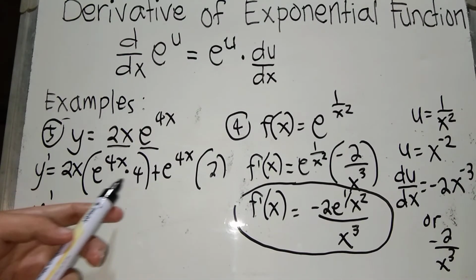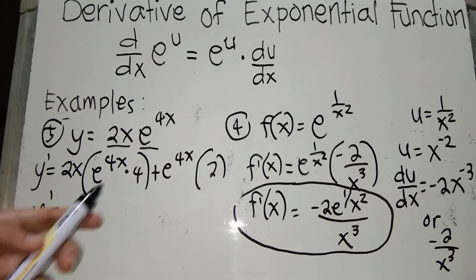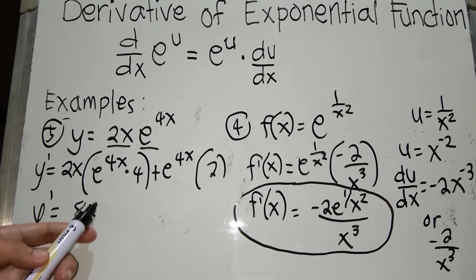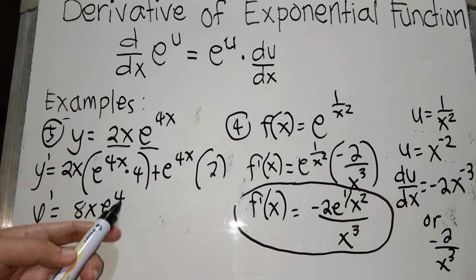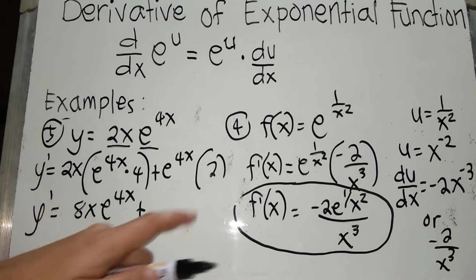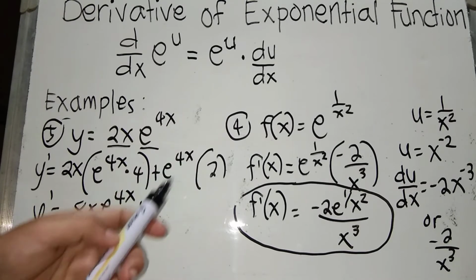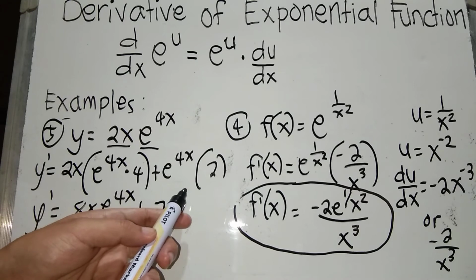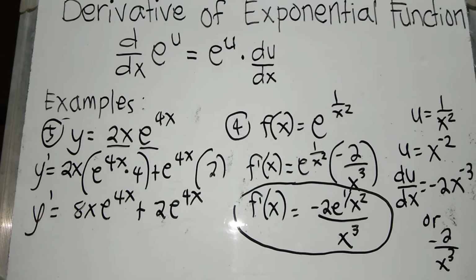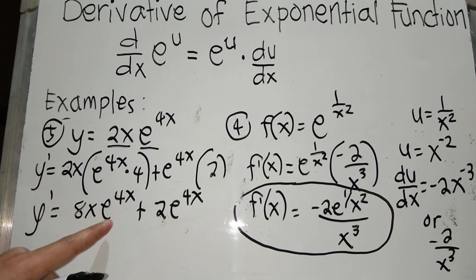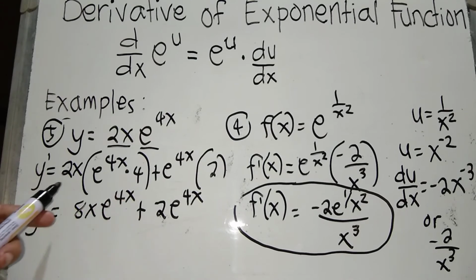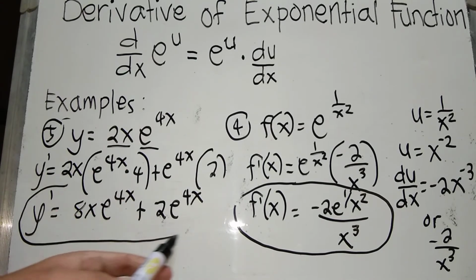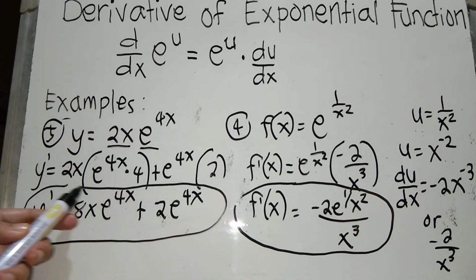Simplifying, 2x times 4 is now 8x e raised to the power of 4x plus 2 times e to the 4x. You can let the constant be written first before the exponential function. And then from here, others would actually factor out the common, which is 2 and e to the 4x. But in this case, you can just consider this one as your answer.